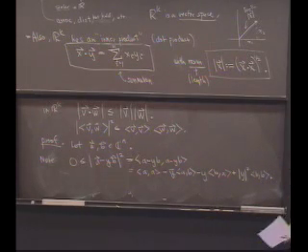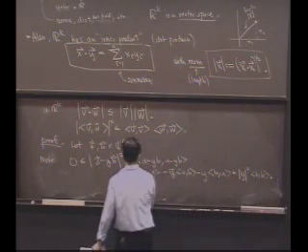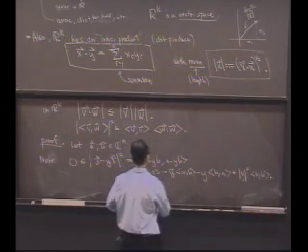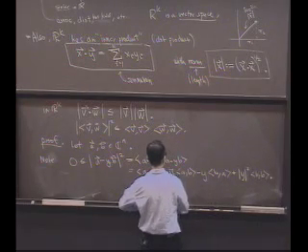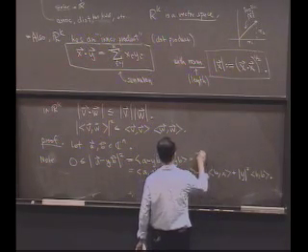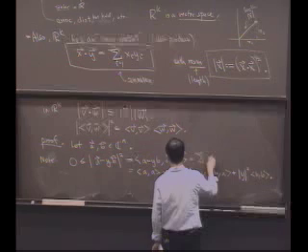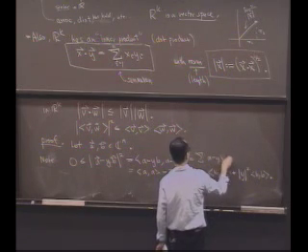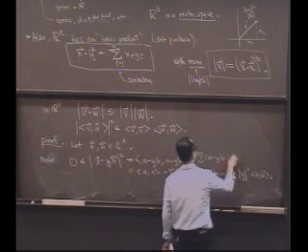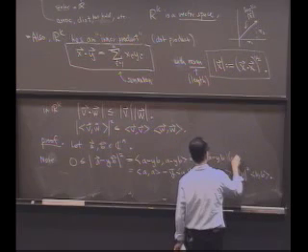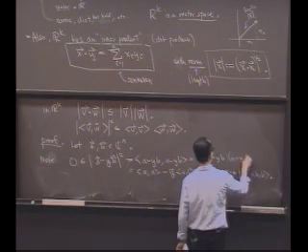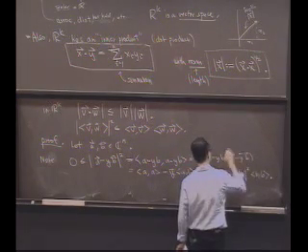How did I do that? If it helps, I'll put the intermediate step in. This is just the sum of the coefficients of A minus yB times A minus yB, everything barred.